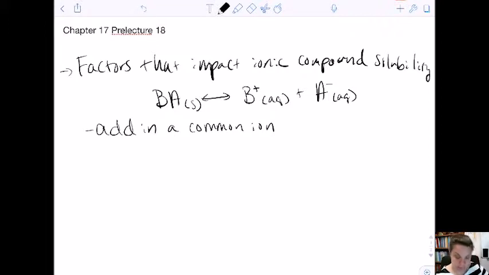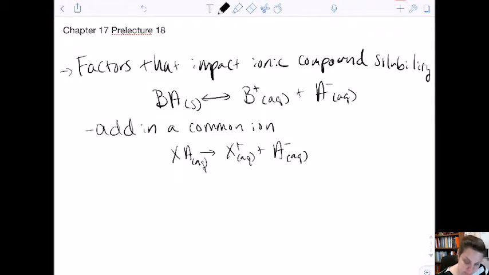Okay, so something like XA. Once we add this ion in, it's going to shift our equilibrium back towards the solid.